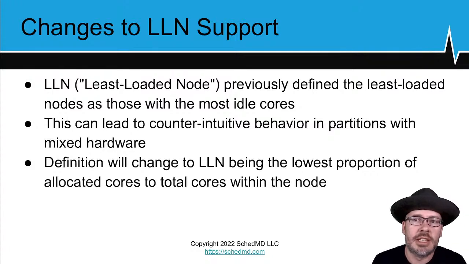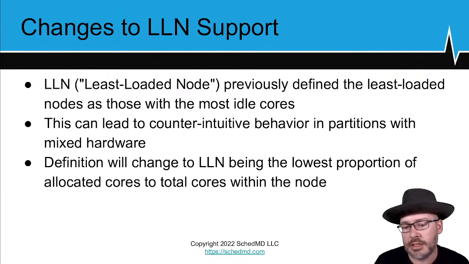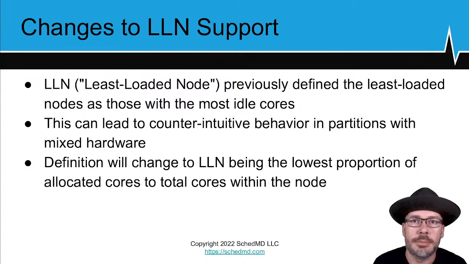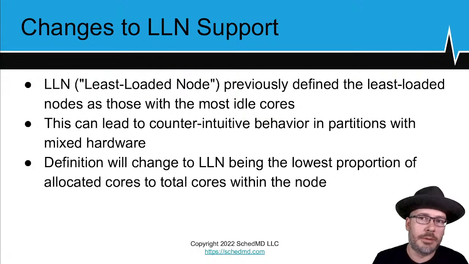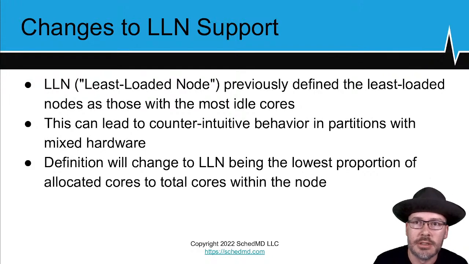So when you turn this LLN flag on, you're telling Slurm, spread everything out by default instead. I'm not worried about trying to preserve access. I'm more worried about just trying to spread the load. But there's been an important caveat to that, which is that the working definition for the load on a node in the past has only been about how many idle cores are actually available. So a system with more idle cores was defined as being least loaded.